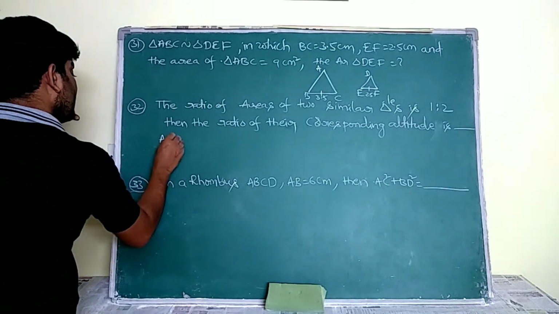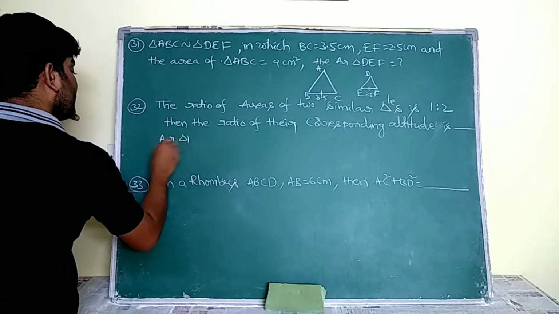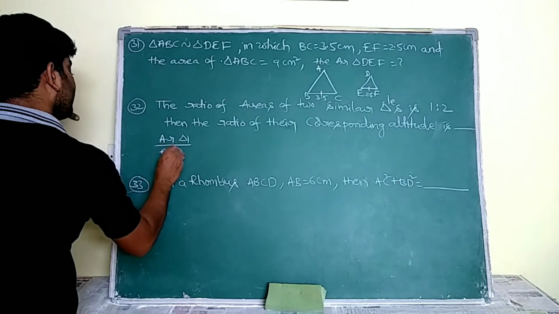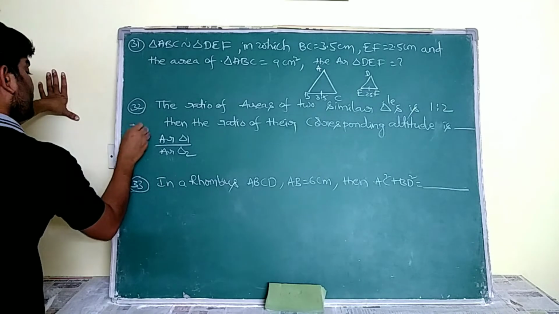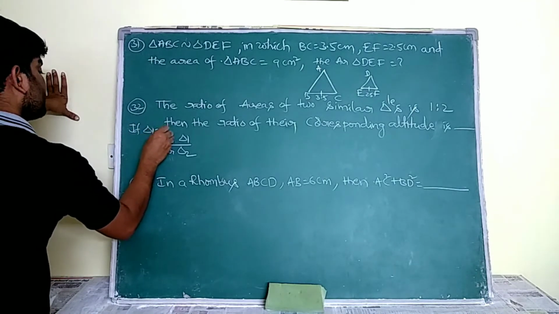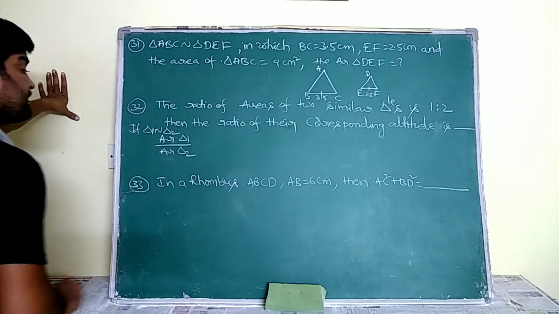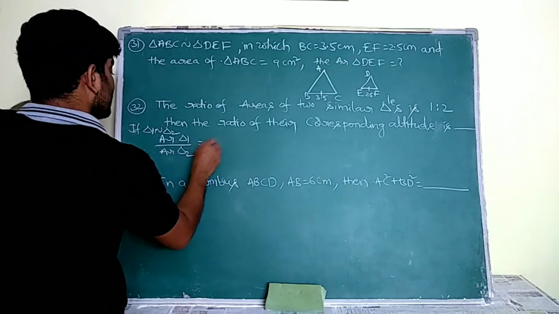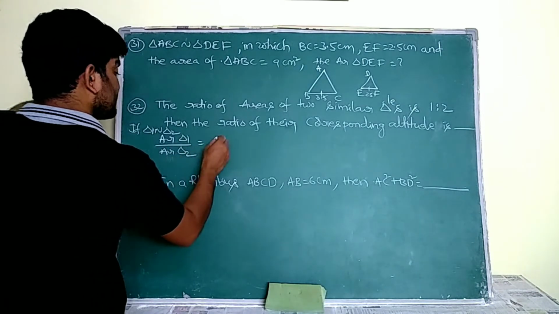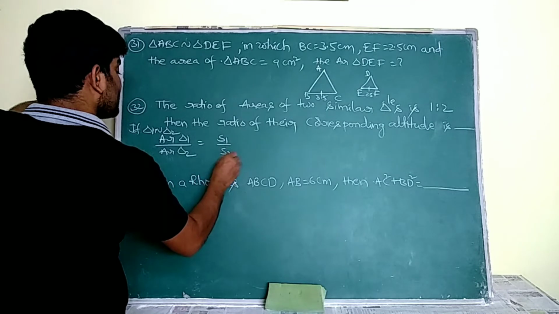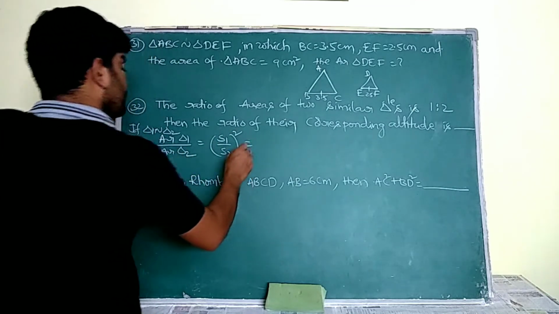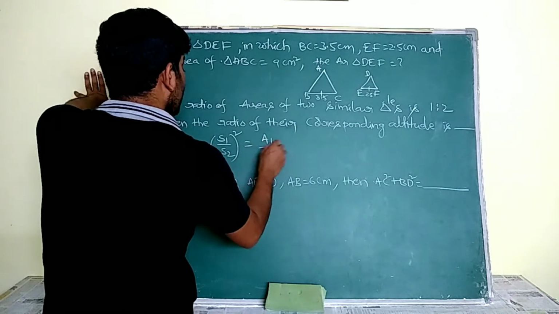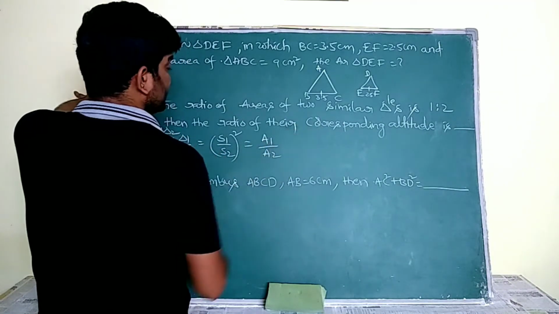Area of triangle 1 by area of triangle 2, if triangle 1 is similar to triangle 2, then the ratio of the areas is equal to (side 1 by side 2) whole square, which is equal to (altitude 1 by its corresponding altitude 2) whole square.